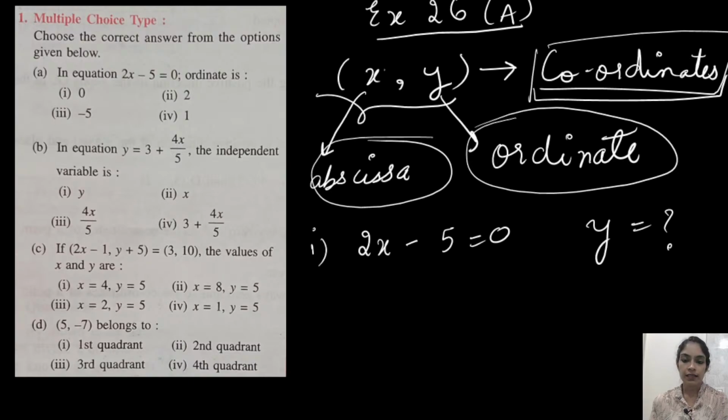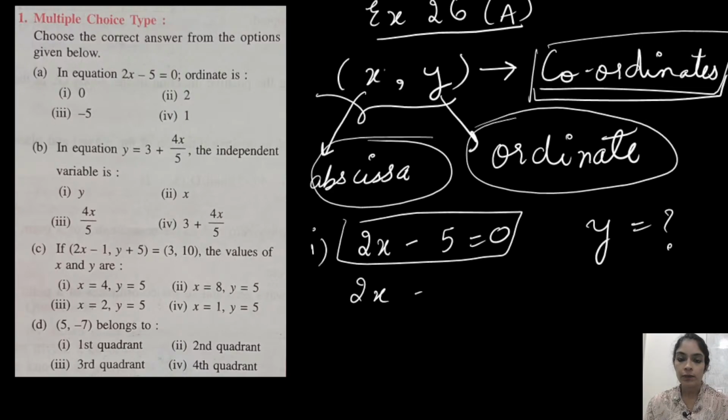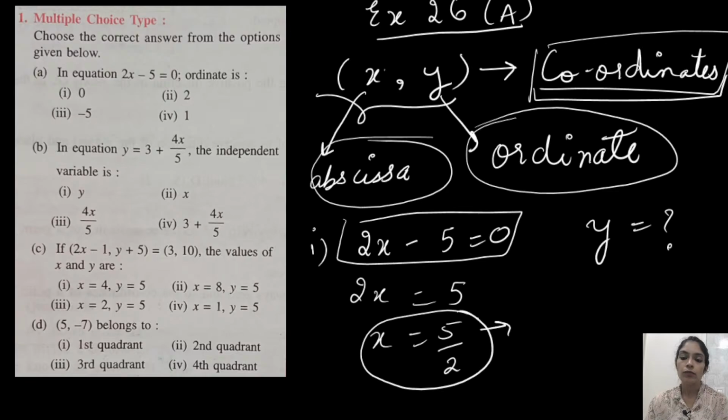In this equation, do you see any y? Because if I solve this equation by a normal linear equation, I will just get the value of x. That means the x coordinate, so I will be able to get the value of only the abscissa.